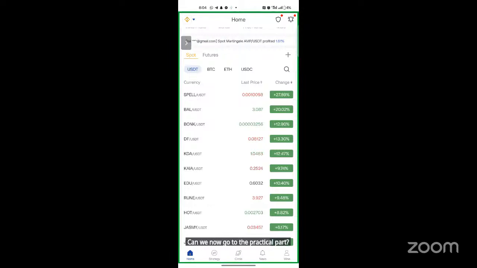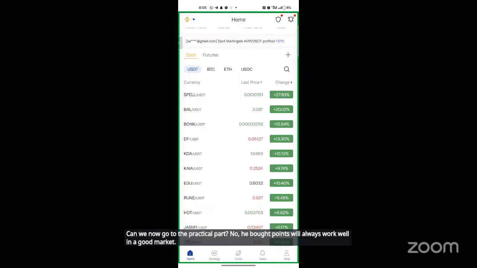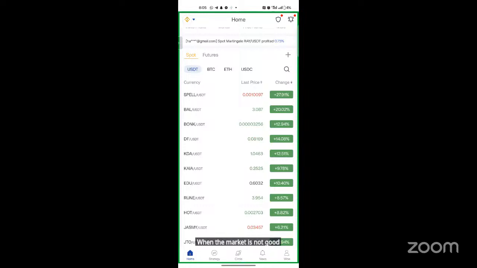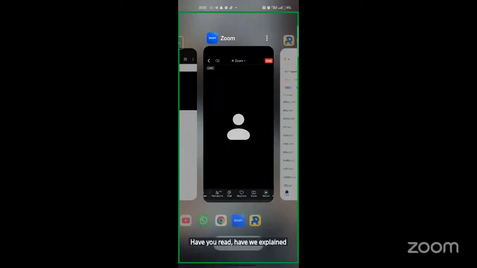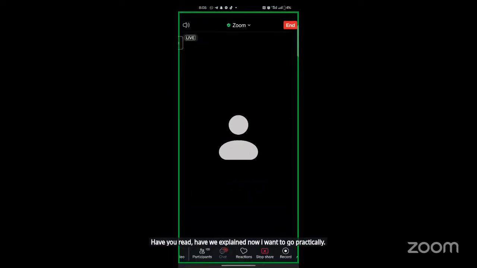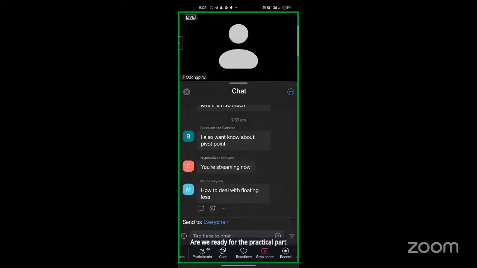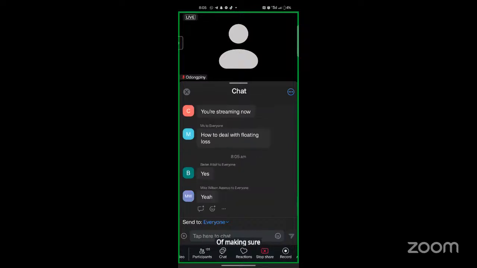Pivot points will always work well in a good market. When the market is not good, pivot points may not be applicable. Are we ready? I have explained. Now I want to go practical. Are we ready for the practical part? It is the easiest way of making sure that you find a good trade.